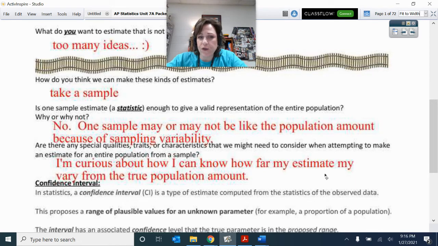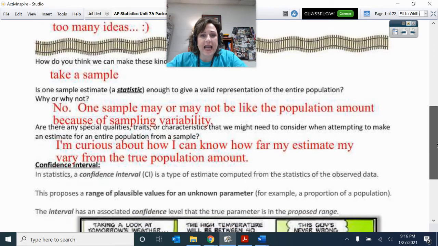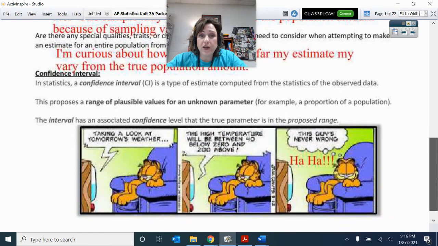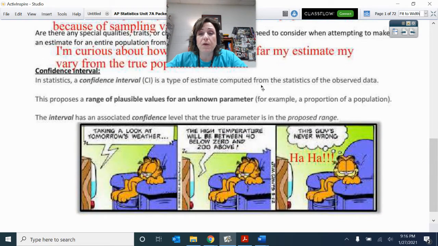All right, a confidence interval in statistics is a type of estimate that we are going to learn how to compute from a statistic, our little p hat, that we get from observed data we collect. This proposes a range of plausible numbers.